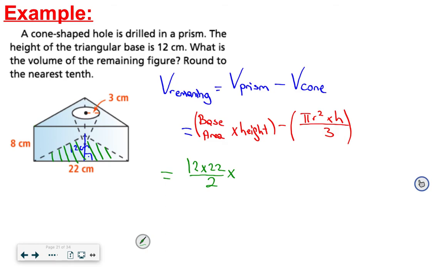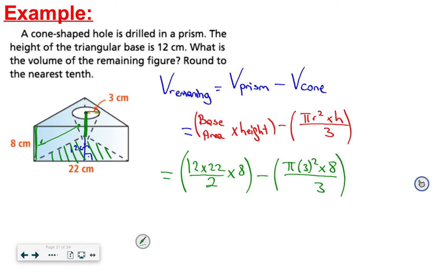The height is 8 centimeter. Minus, now we need to find the radius. What is the radius? Which is given, 3. Pi times 3 squared times height. Can you please tell me what this part is? Height is 8 over 3.